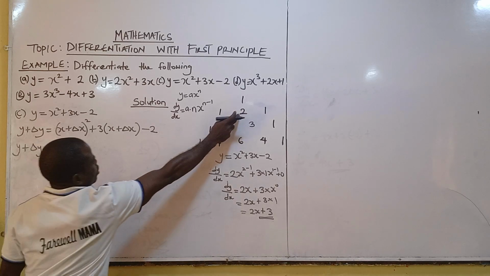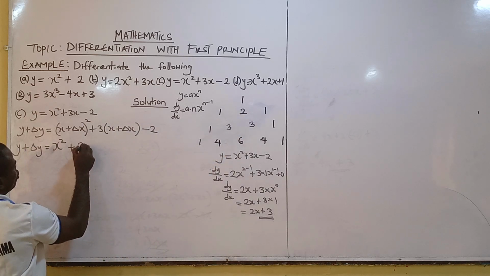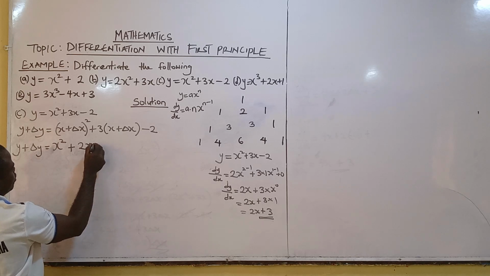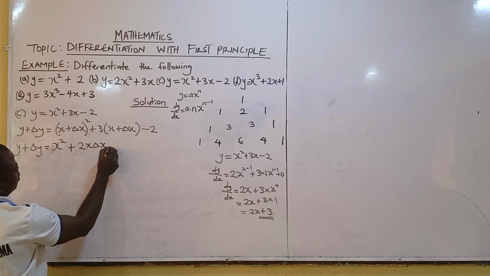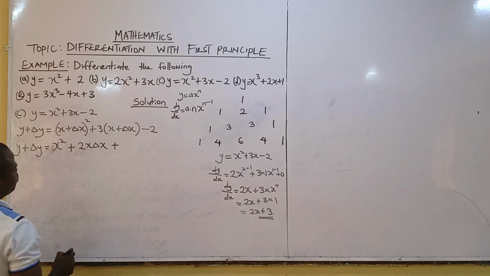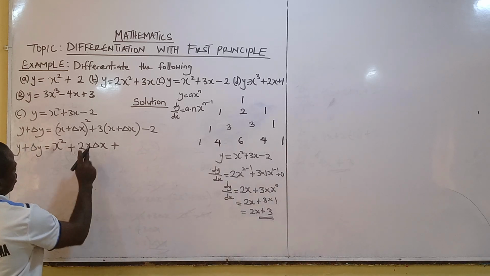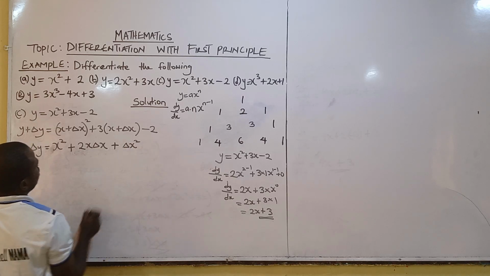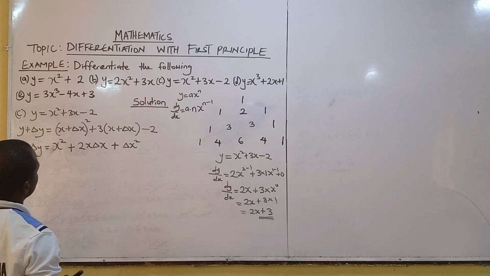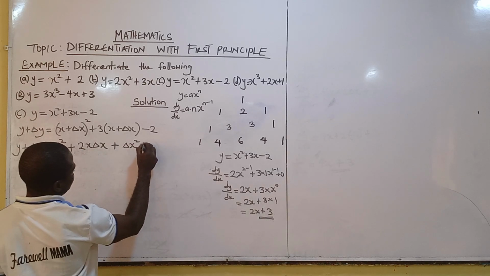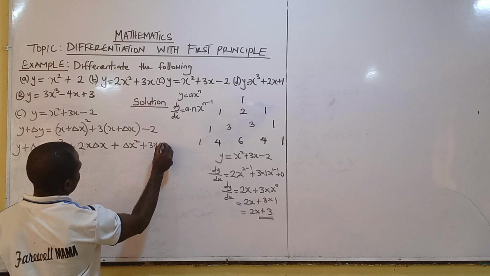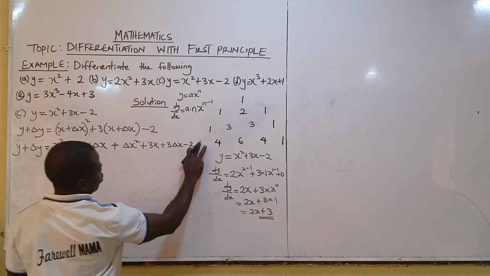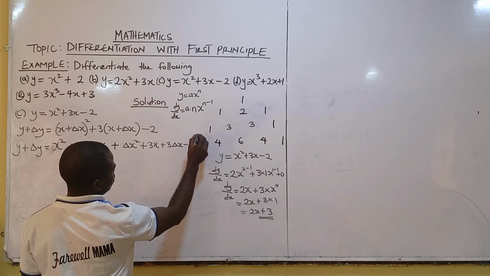Plus, using this we call the square, plus 2, is that okay? x dx, plus, this x will not come in again, plus the x squared. Let's use 3 to open the bracket. 3x plus 3 dx minus 2. This one is not there. Please take note.